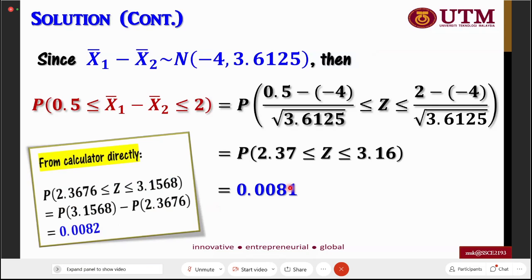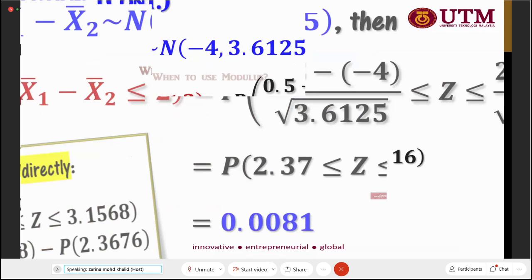Now, when we talk about a difference, you tend to get this kind of problem. Suppose we have this kind of question: what is the probability that the difference between sample means 1 and 2 is less than 3?